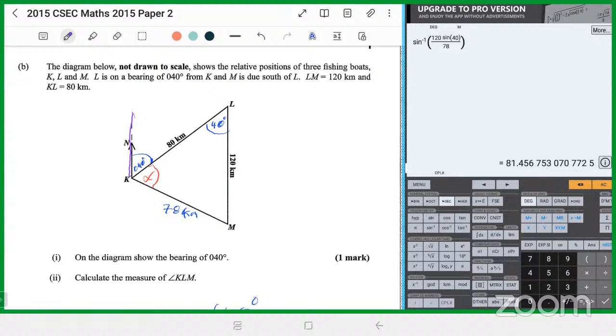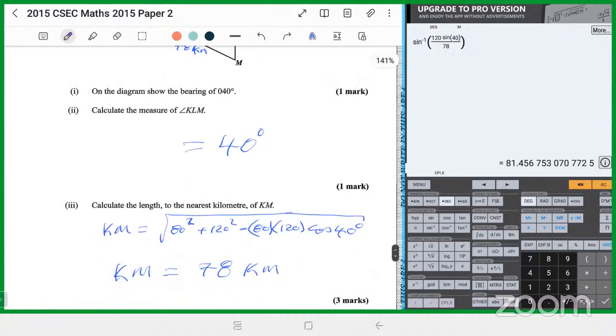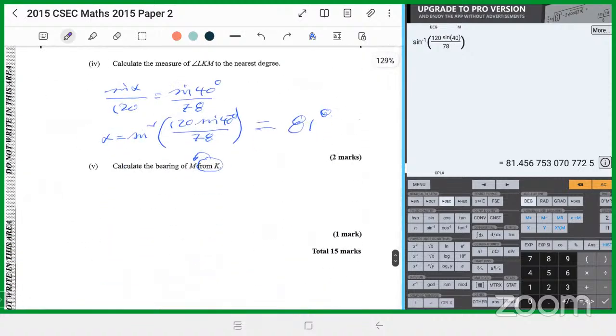That's a line down to M. They want this bearing angle, which is 40 plus alpha, K to M. So the bearing from K to M equals 40 degrees plus alpha, which is 40 degrees plus 81 degrees equals 121 degrees. That's it.